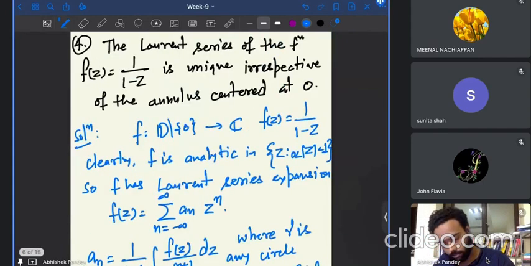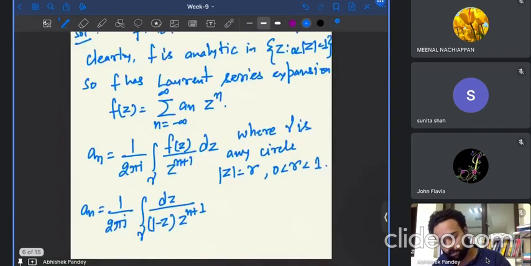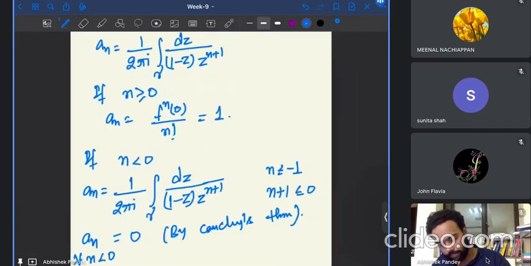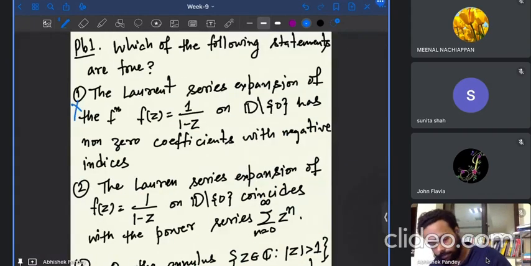If you see, it is written that the Laurent expansion of this function on this annulus has non-zero coefficients with negative indices. But for negative indices we are getting it is always zero. So this option is not correct.